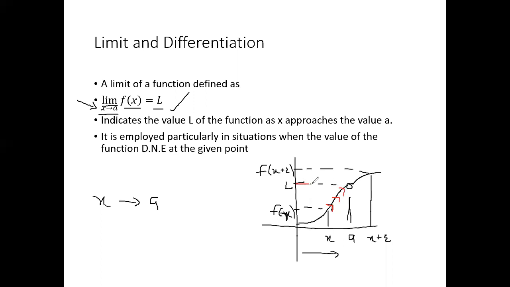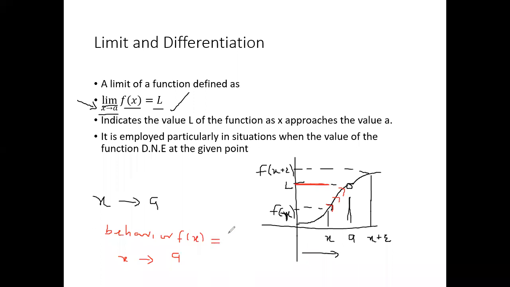When you find the value of the function, it is a certain value L. It appears to be hitting the value L. So we say that the behavior of f of x, as x approaches the point A, is equal to what?